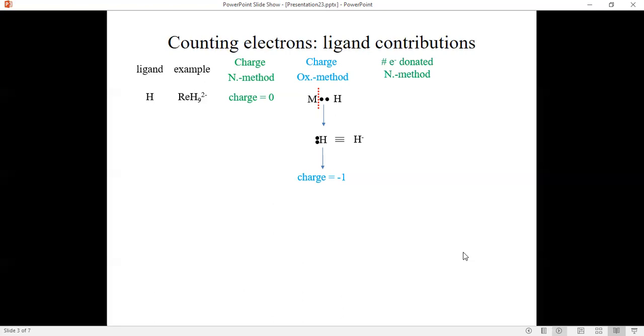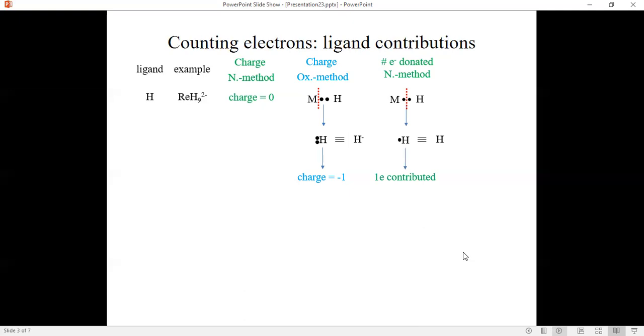We have to cleave the bond how in order to create a neutral fragment? Yeah, so we have to cleave it in the middle. We say one electron comes from the hydrogen and one electron comes from the metal. So we have one electron contributed.